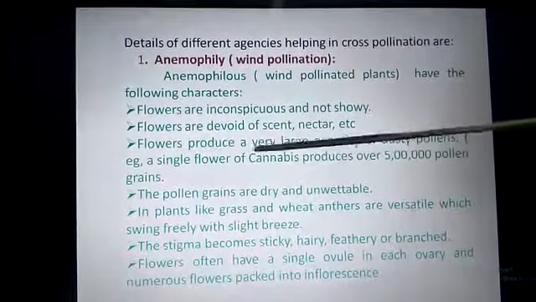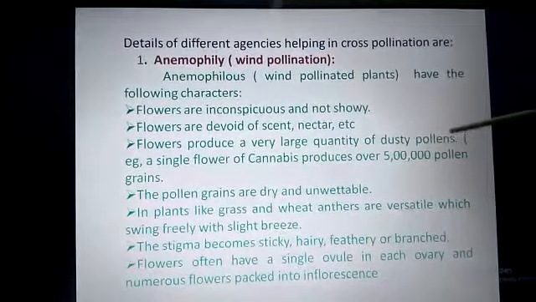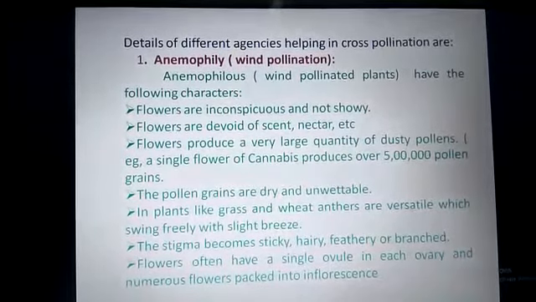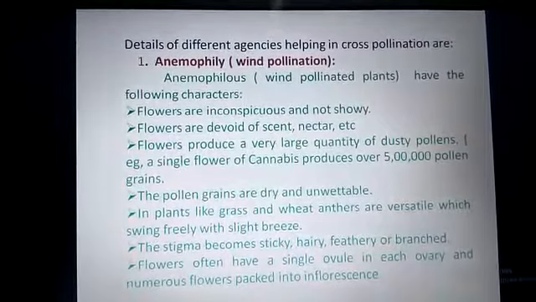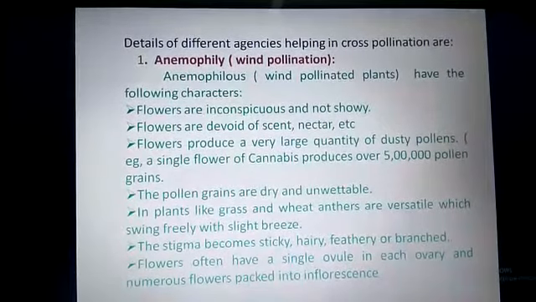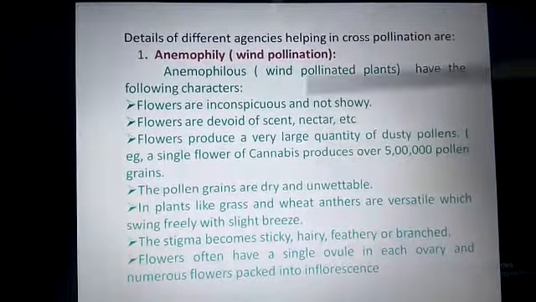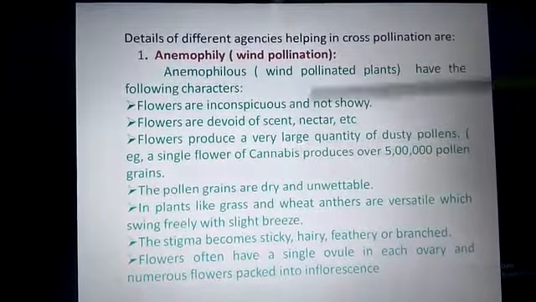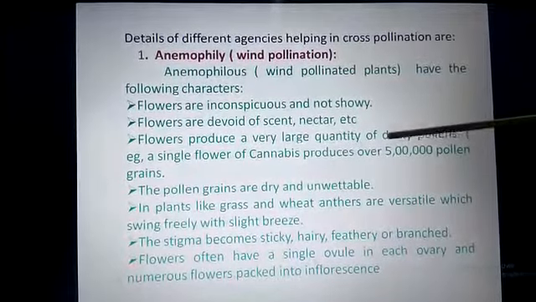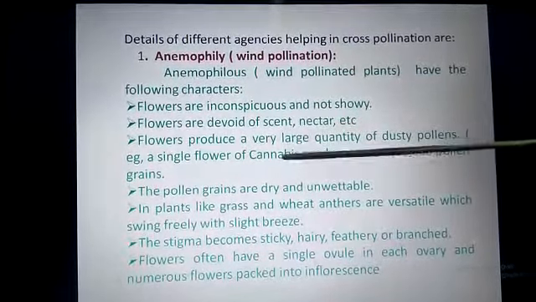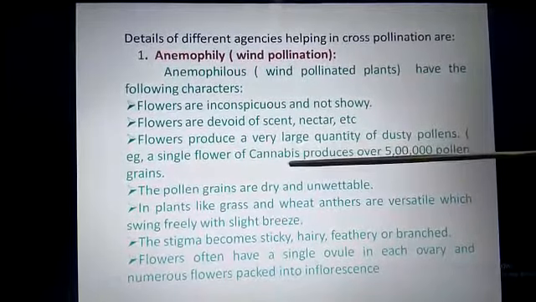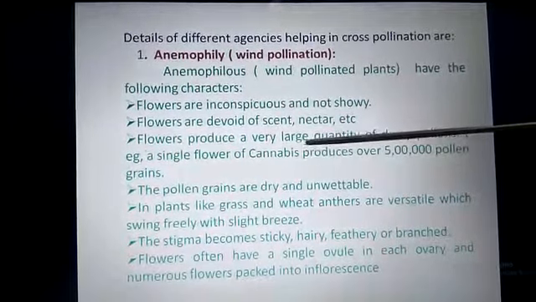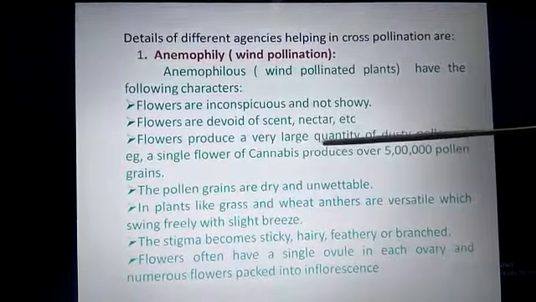The flowers produce a very large quantity of dusty pollen. Since pollination is carried out by a non-living agent, pollen falling onto the stigma is just by chance. Here many pollen grains may get lost in the process.